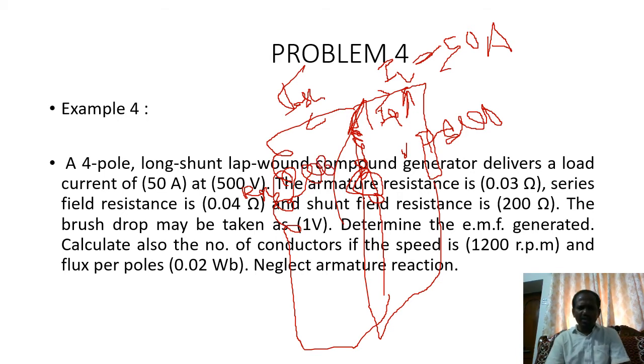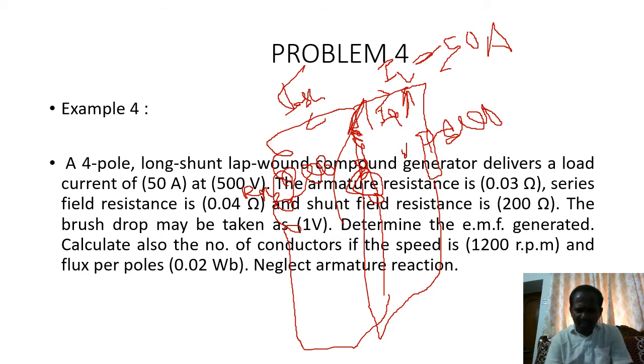So the armature resistance, series field resistance, shunt field resistance, voltage V and load current are given. You can calculate the shunt field current, armature current and series current. In this type of generator, armature current is equal to series current, that is, IA is equal to Isc is equal to IL plus Ish.